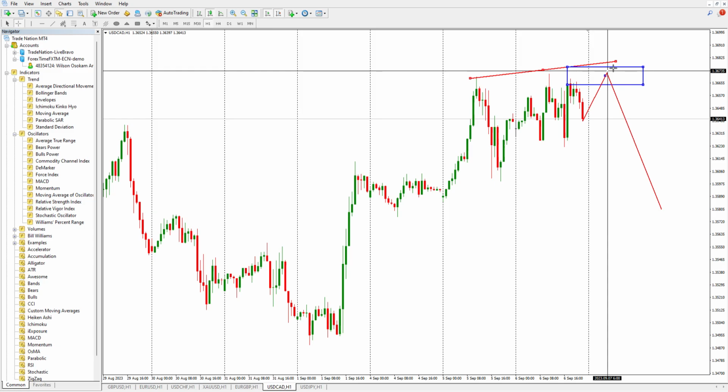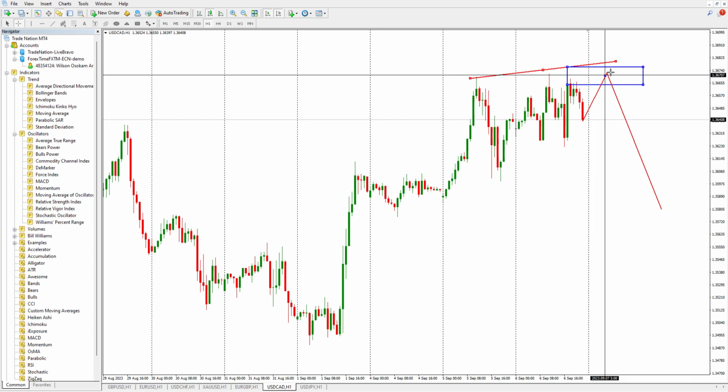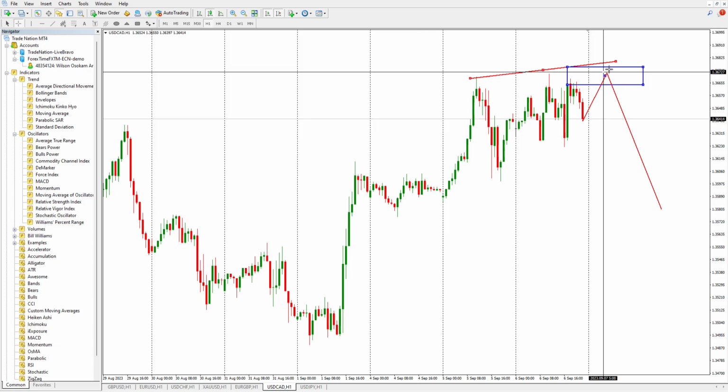Remember, our order now is USD CAD sell limit. My entry price must be above the current market price. So I'm picking 1.36735.